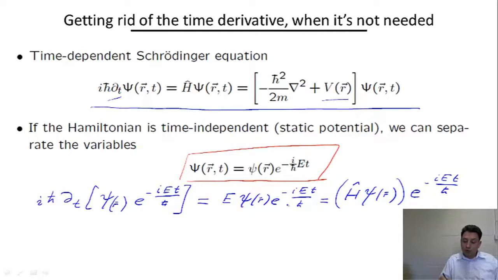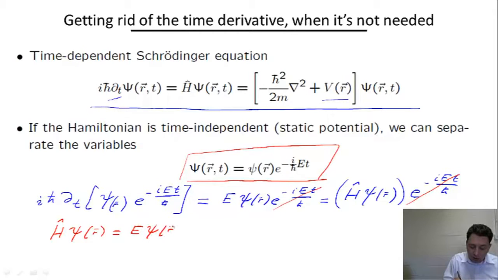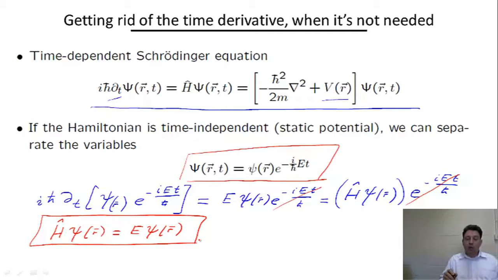So both sides of this equation contain this exponential, and we can cancel it, and we're left with the following equation: H acting on psi of r is equal to E times psi of r. And this is what is known as the time-independent Schrödinger equation, or stationary Schrödinger equation.